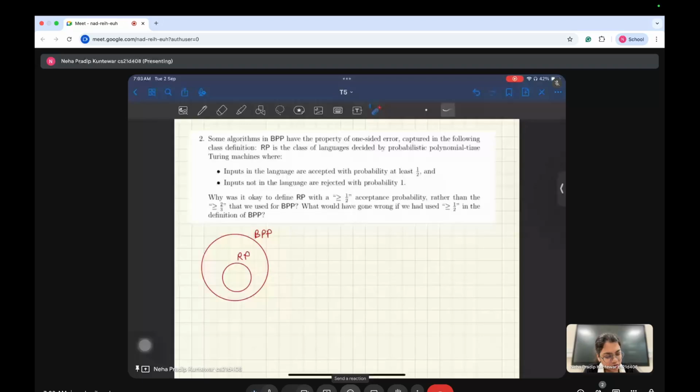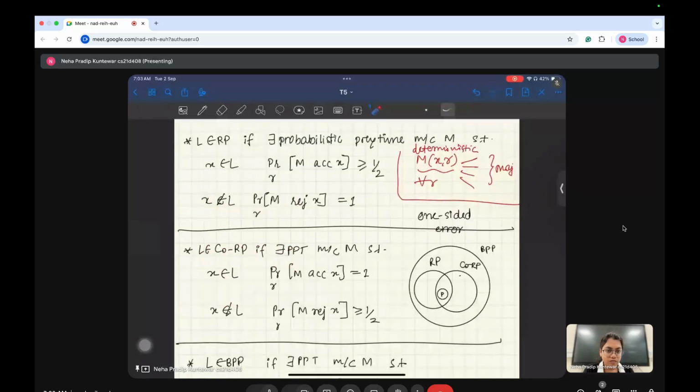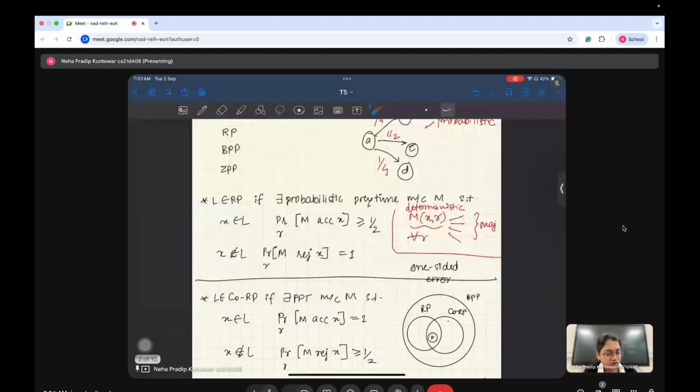Whereas when we defined BPP, coming back to this point, when we defined this class RP, we had this correctness probability of half, and when we defined co-RP similarly, we had this correctness probability of half, whereas in the case of BPP, we insisted that the correctness probability be 2/3.